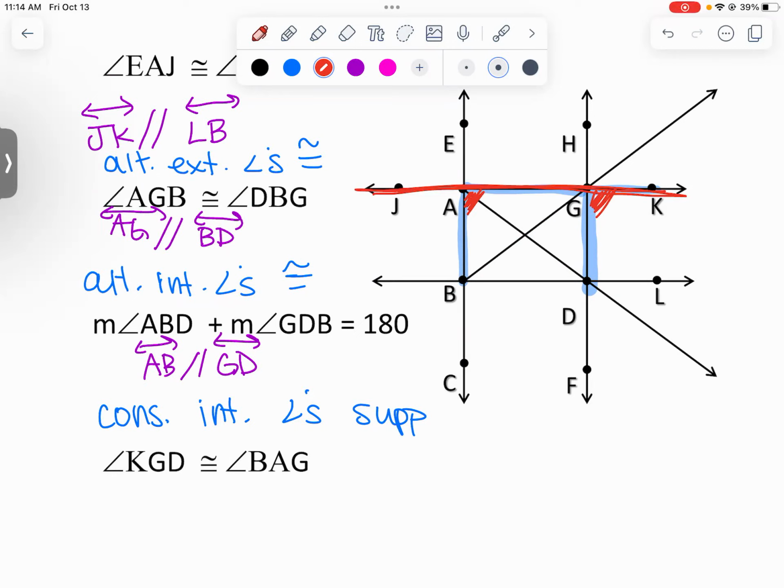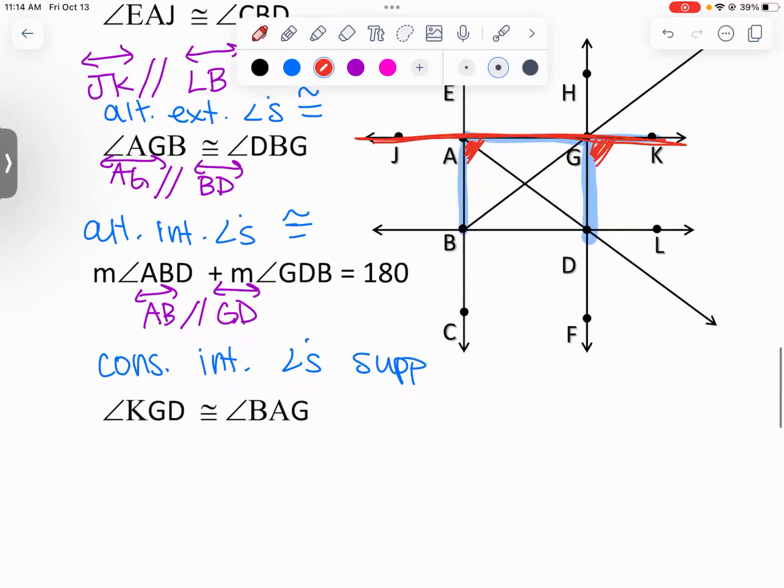Then what two lines are parallel? AB and GB, because our corresponding angles are congruent. Technically, we should say the corresponding angles converse. But if you tell me corresponding angles are congruent, I'm pretty excited about that.